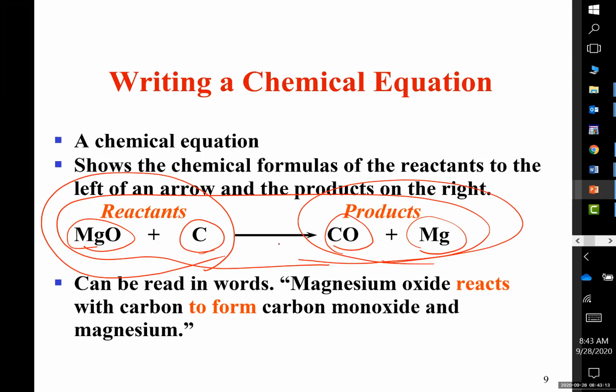So this means we started with carbon and magnesium oxide. This arrow means we started with reaction of carbon and magnesium oxide, and we ended up with carbon monoxide and magnesium. So this arrow means to form. Carbon and magnesium oxide reacted together to form carbon monoxide and magnesium.